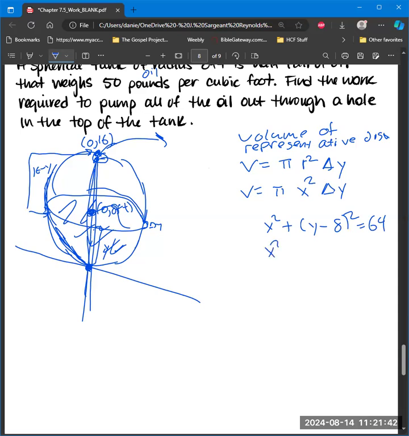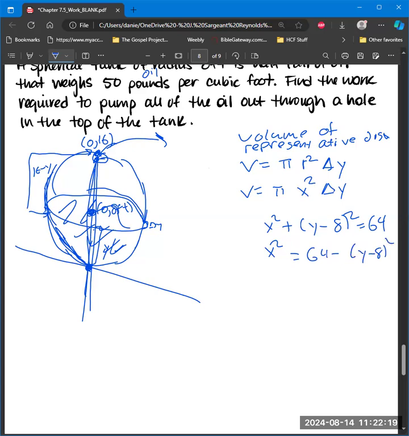So x squared plus y squared minus 16y plus 64 equals 64. And so x squared is going to be equal to, let's just write it this way, 64 minus (y minus 8) squared, like that.